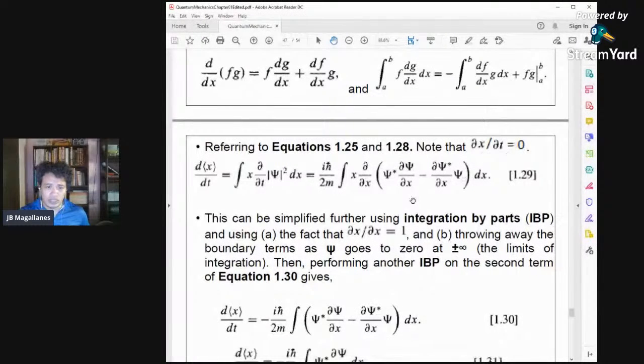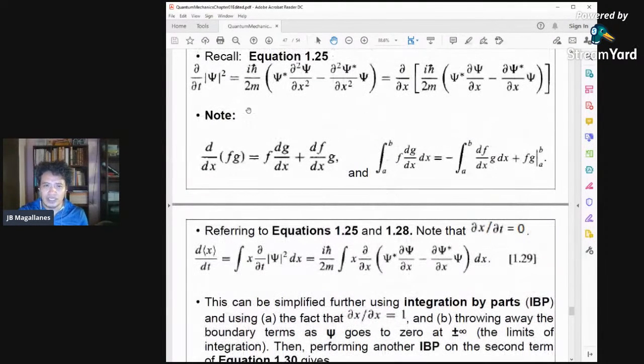So that's why you only have this as an integral. By the way, the integral here is also from negative infinity to positive infinity. If you get the integral of this, this expression is just equal to this, and then you'll be able to replace that with this.